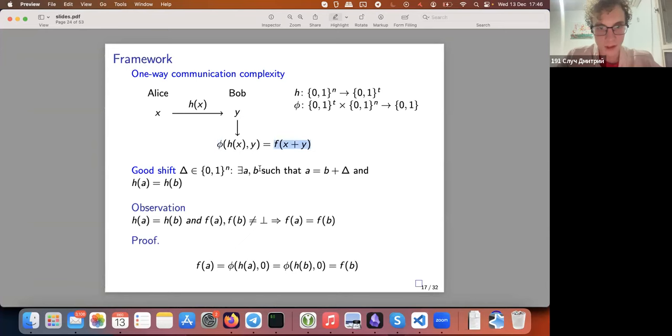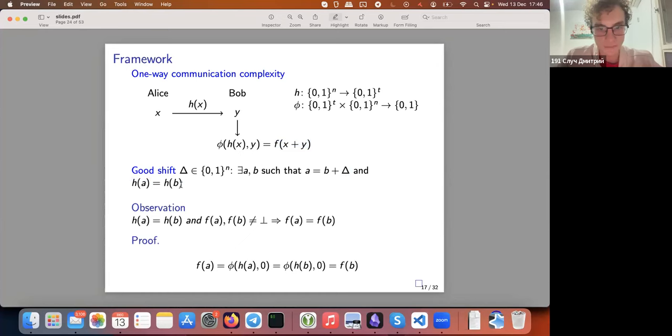We introduce good shifts. Good shifts are just vectors such that there are 2 points, and the XOR of these points is that shift, and the function h has the same value on these 2 points.